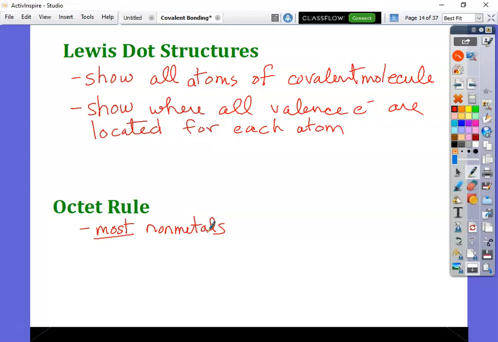We could actually also talk about the octet rule for metal atoms, but since we're doing covalent compounds, I'm going to focus on nonmetals. Most nonmetals want 8 valence electrons to become energetically stable.